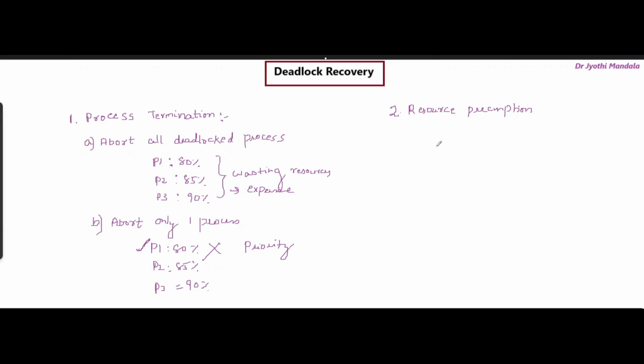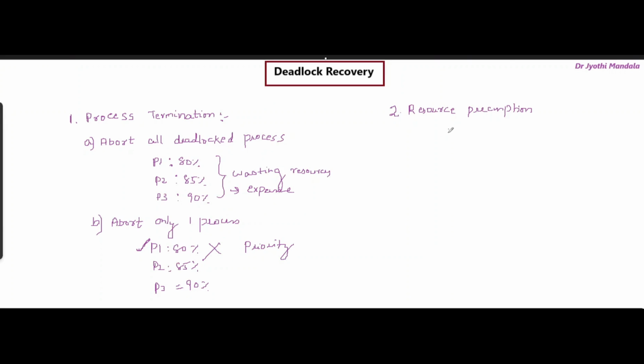We are not terminating the process, but we are taking out the resources, because earlier what we learned, if process P1 is waiting for another resource from P2, and it is holding another resource, it is the reason for creating the deadlock.